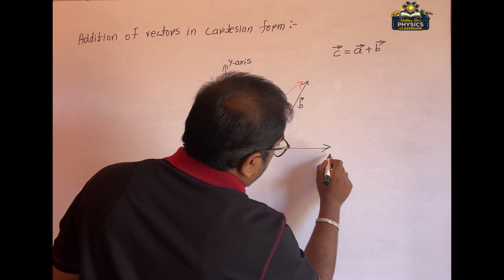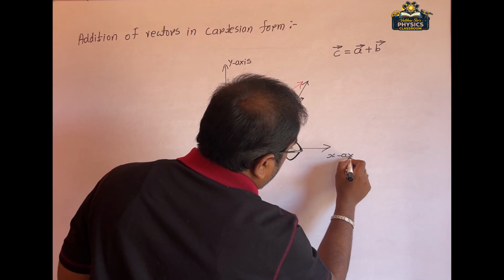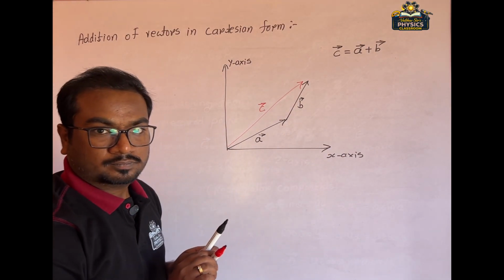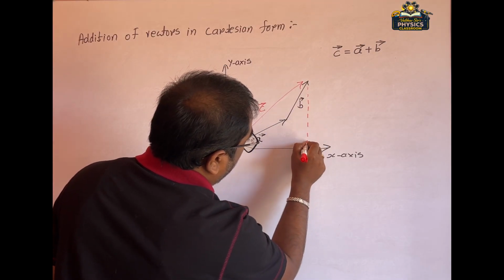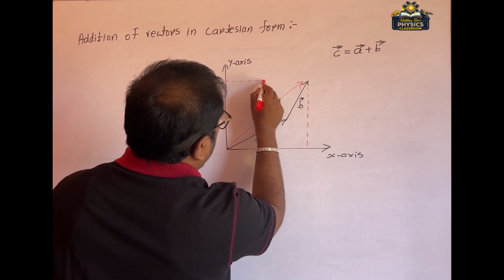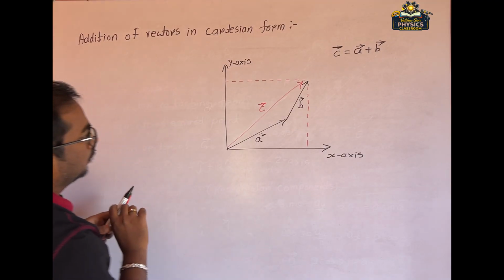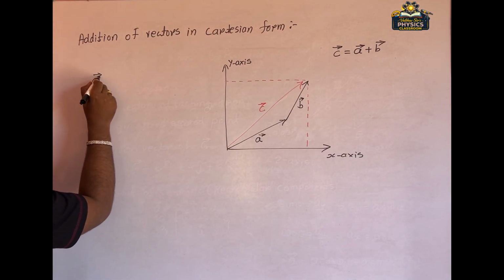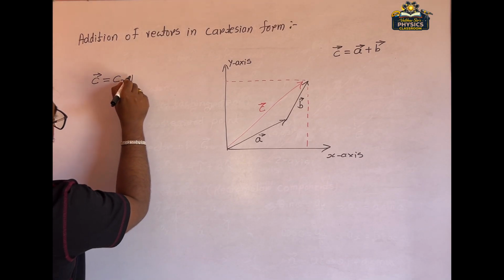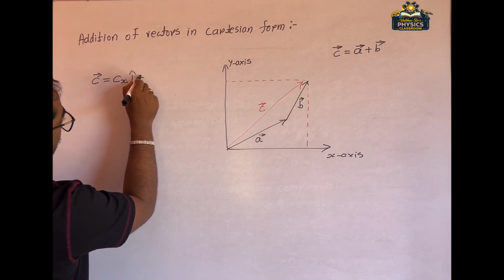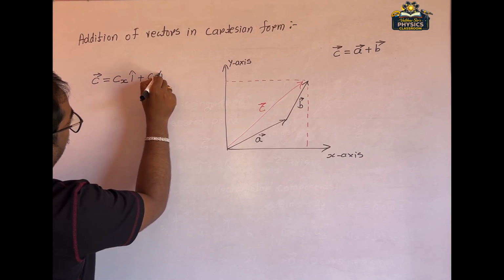the x-axis. Alright. So here we all know this C vector is nothing but Cx on the x-axis, I cap, plus Cy, j cap.